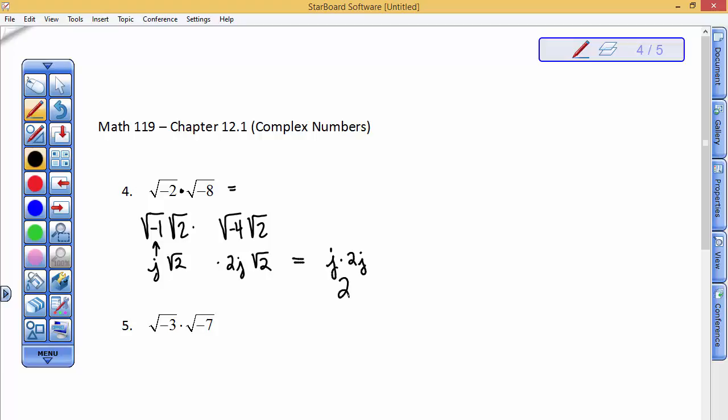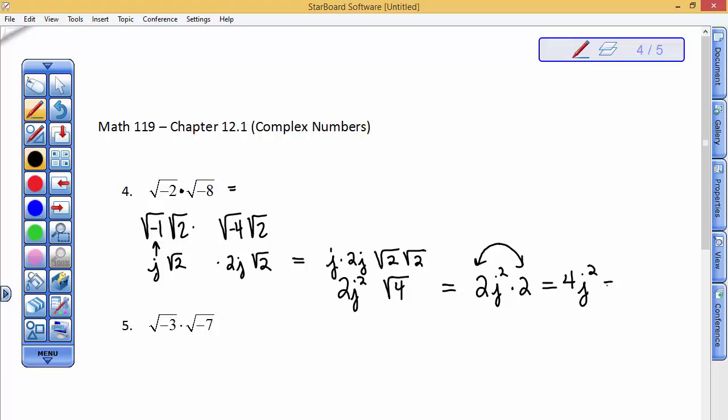And then I'm going to take the square root of 2 and multiply it by the square root of 2, which is going to give me the square root of 4, which is 2. So what I have is 2j squared times 2, which is 4j squared. Right here, 2 times 2 is 4. j squared is a negative 1, so I have a negative 4 for that answer.